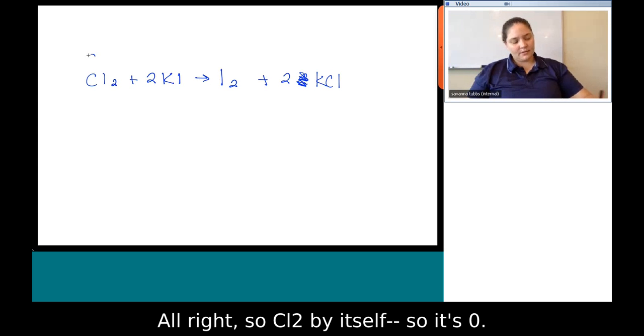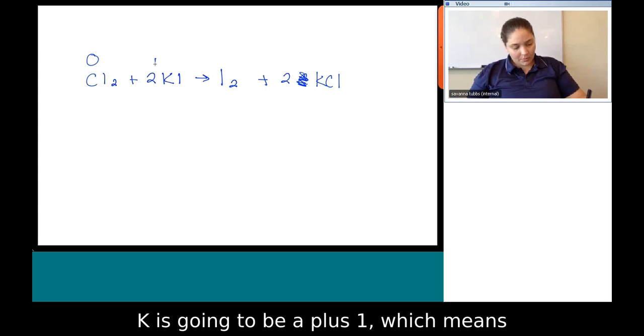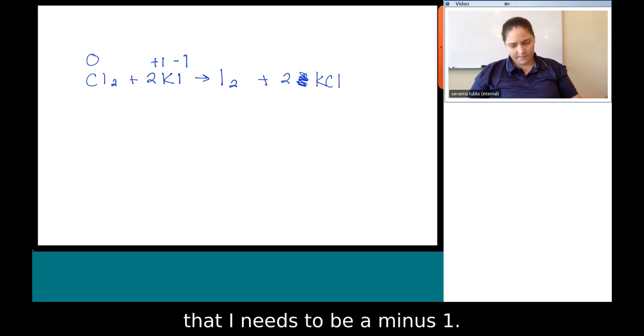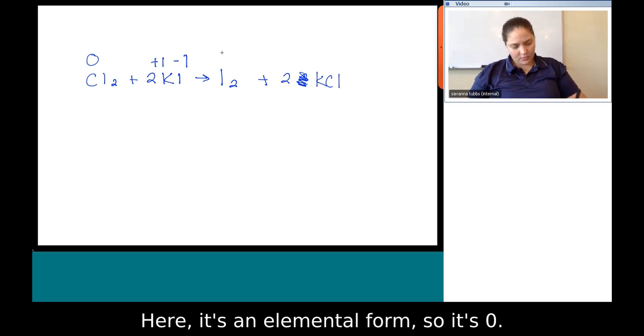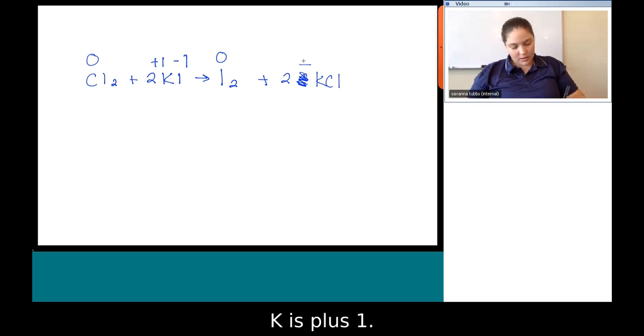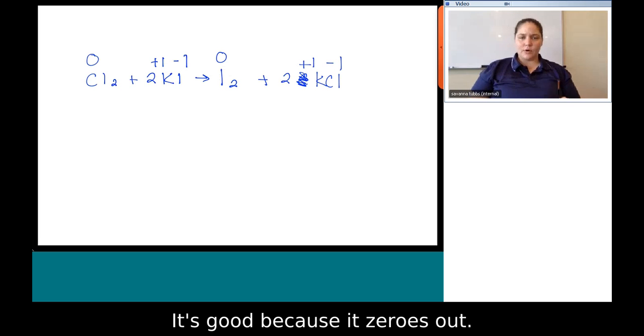So Cl2 is by itself, so it's 0. K is going to be a +1, which means the I needs to be a -1. Here it's in elemental form, so it's 0. K is +1, Cl is -1. It's good because it zeroes out.